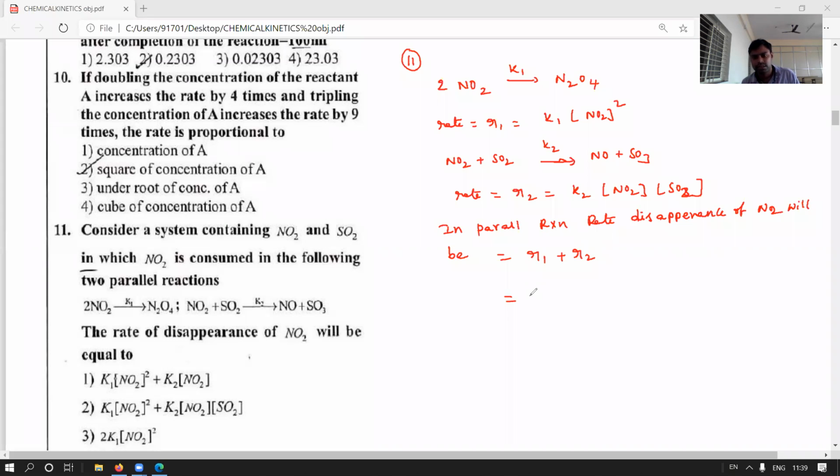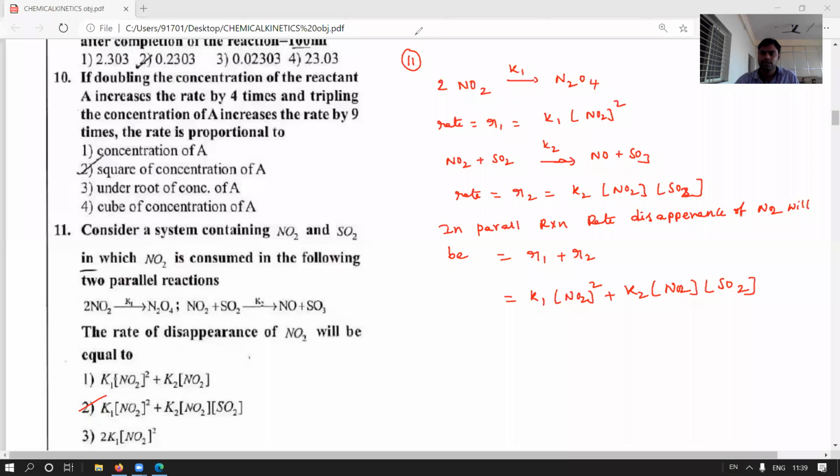R1 plus R2 means K1 into the concentration of NO2 whole square plus K2 into the concentration of NO2 into the concentration of SO2. So the correct answer is the second option.